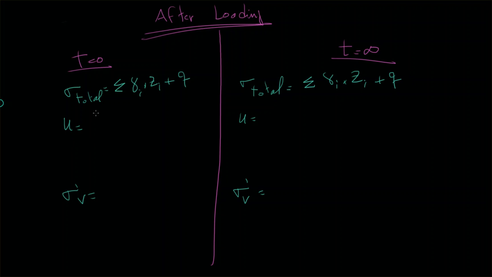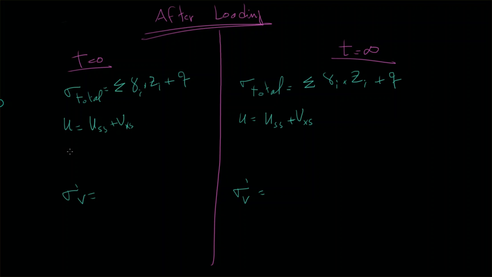The pore water pressure, we can find it now to be u_ss plus u_xs. Both cases, u_ss plus u_xs. Now u_xs is dependent on time. So at time equal to 0, u_xs is equal to Q, like we've defined before, right?